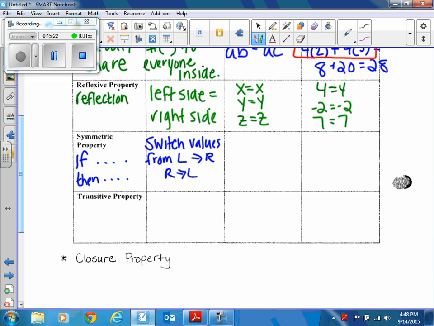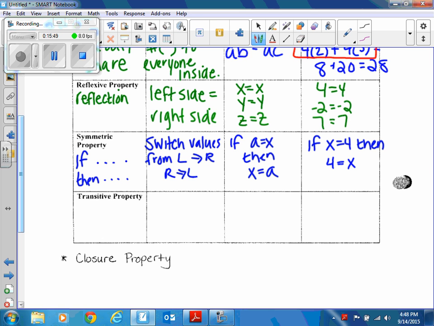An example would be if A equals X, then X equals A. Just like you could say, if X equals 4, well then 4 is equal to X.